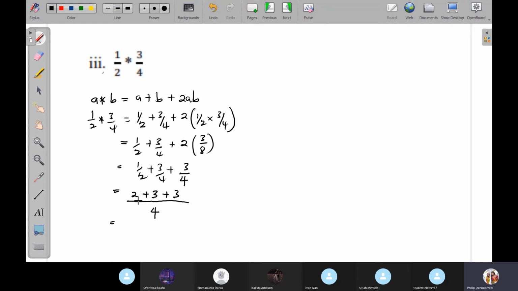So adding up the numerator, we are going to get 3 plus 3, which is 6, plus 2, giving us actually 8 on 4. 8 on 4 gives us a final answer of what? 2. Thank you. So in other words, the binary operation defined by A plus B plus 2AB on half star 3/4 gives us an answer of 2.